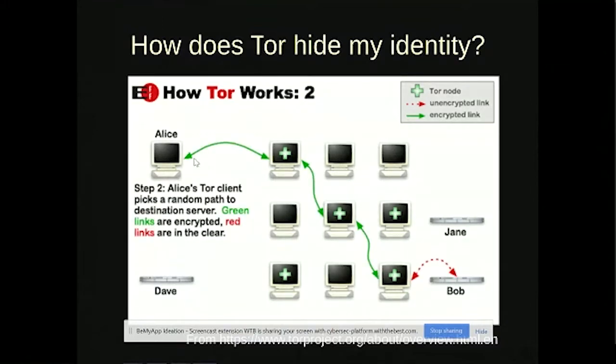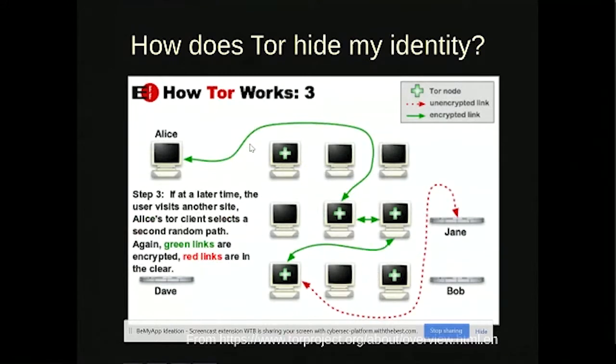The second step is that my web browser will pick 3 randomly chosen nodes in the Tor network and form a circuit, that is a connection that communicates all the way from me through those 3 nodes to the Bob server. So that would be if I wanted to visit a website that was on Bob's server here. If I want to visit a different website, I can choose 3 different random Tor nodes and connect to jane.com instead.